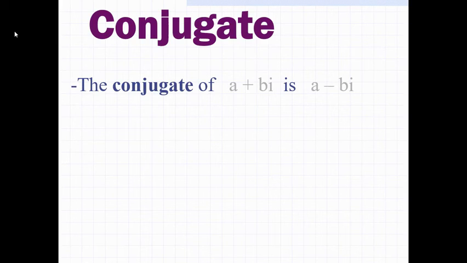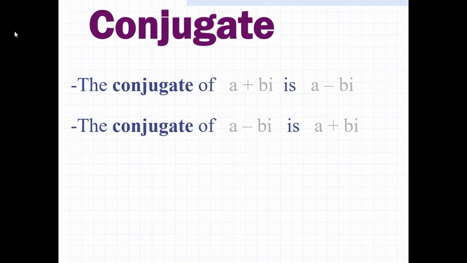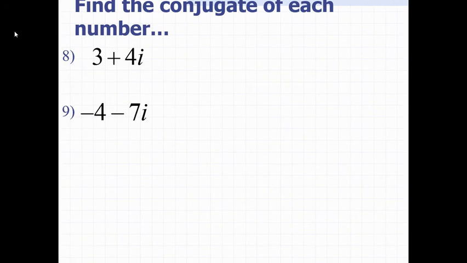Okay, the conjugate of a plus bi is a minus bi. And the conjugate of a minus bi is a plus bi. So find the conjugate of each number. You give it a chance. So 3 plus 4i has a conjugate of, that's right, it's 3 minus 4i.